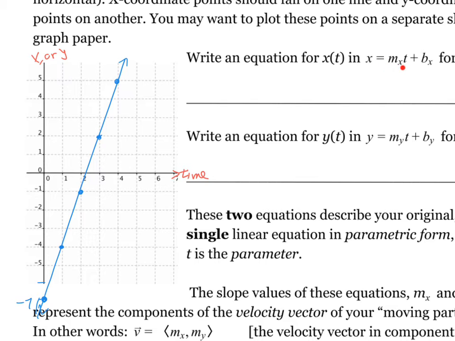I'm going to write this in y equals mx plus b format, but the variables are different because now the vertical axis is the x-axis. The slope is the change in x per change in time for the x coordinate. t is the independent variable, and b sub x is the x coordinate when time is equal to 0. It's like the y-intercept, but it's actually the x-intercept on our graph because the x-axis is vertical. It is the x value when time is equal to 0, and that value is -7.